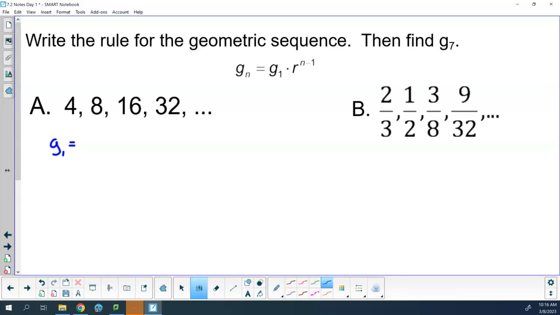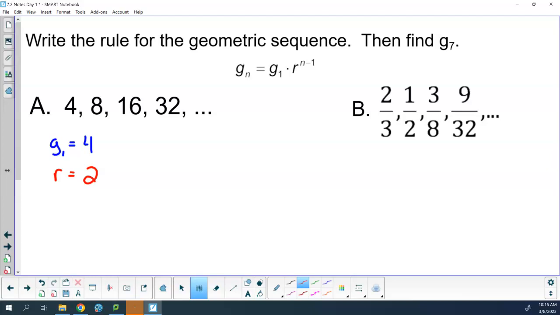Okay. Then I need my r value. Well, what is my r value in this sequence? 2. Those are the only two things that I need to write the rule. Well, actually, we only needed two things to write the rule in the other one. Right? So you needed d and you needed the first term.